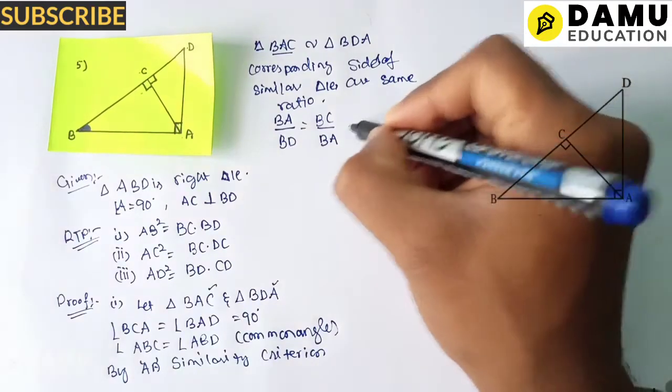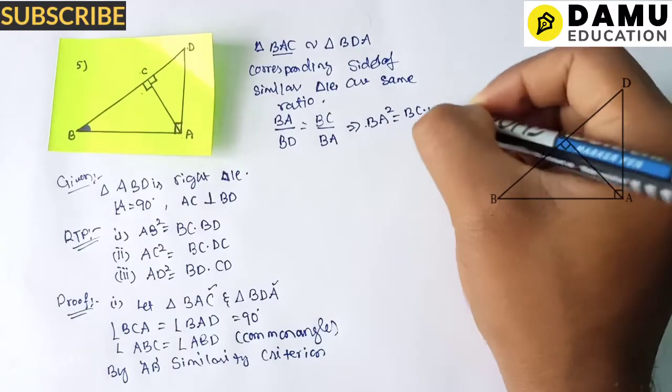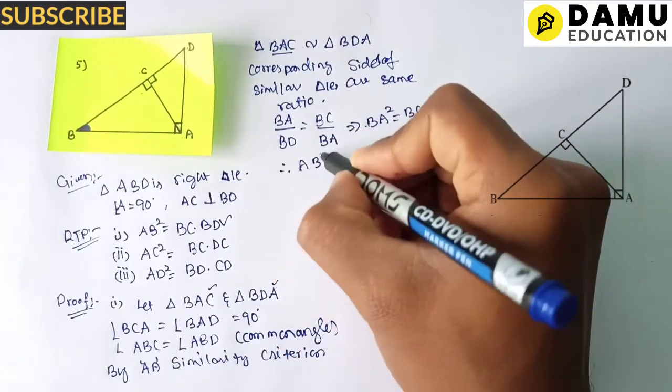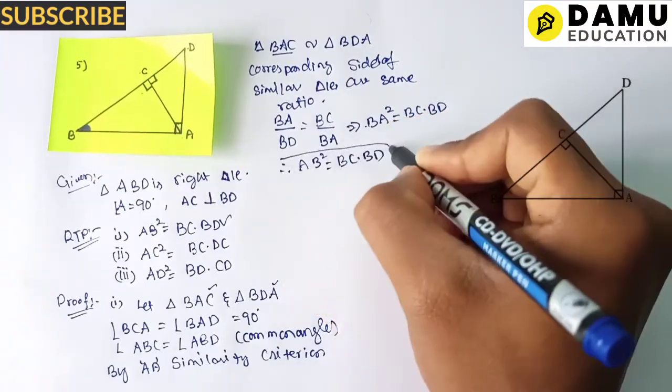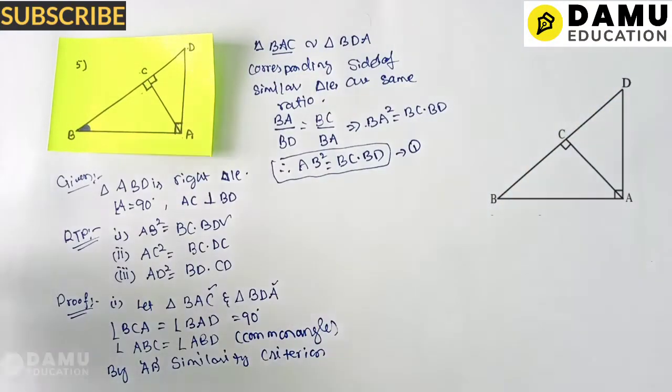So that implies BA square will be equal to BC into BD. Hence AB square is equal to BC into BD. Hence it is proved, we have proved the first one.